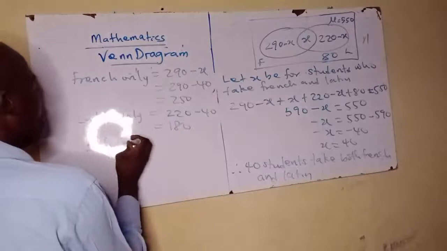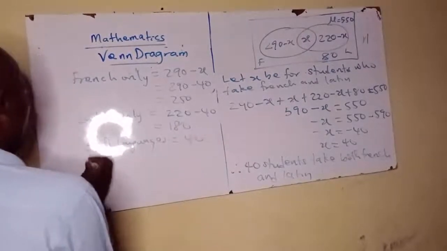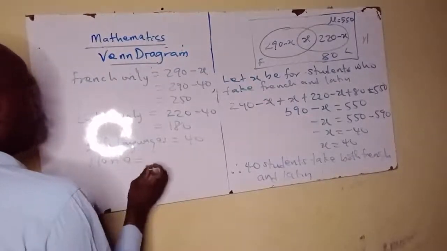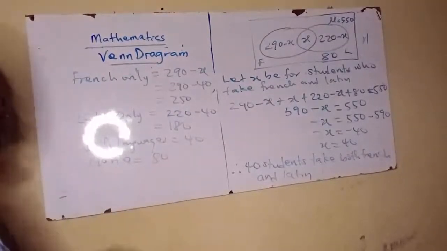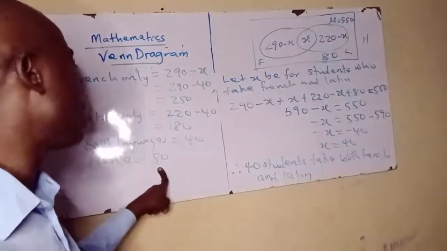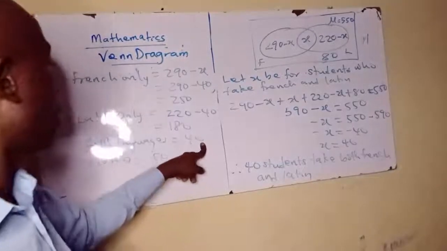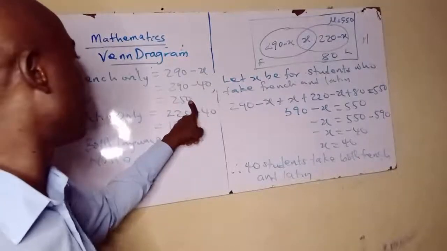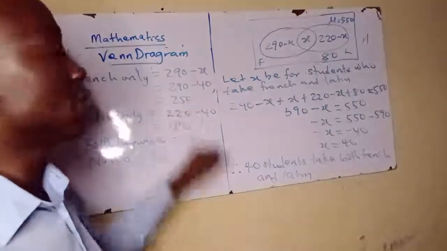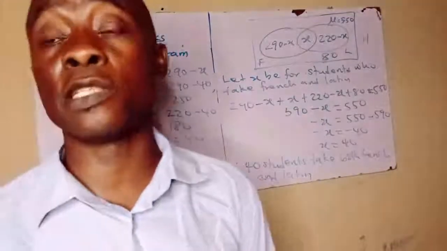Both languages will be 40, and none of the languages will be 80. Now if we add everything together, we are still going to get our 550. 80 who do not take any, plus 40 for both, that's 120, plus 180, that's 300, plus 250, that's 550.